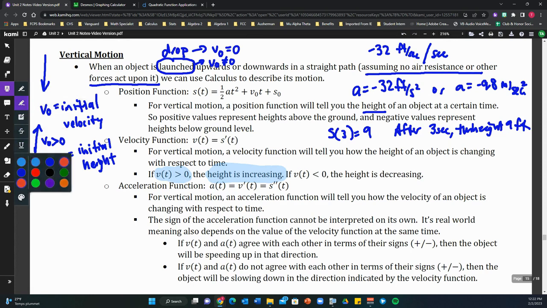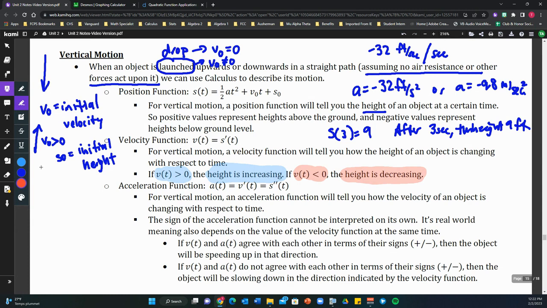And the flip side, if that value of velocity is less than 0, so negative, then we know that the height is decreasing. Same logic, just the flip side. A good way to think about it is, if velocity is positive, we are moving away from the ground. And when velocity is negative, we are heading back down towards the ground.